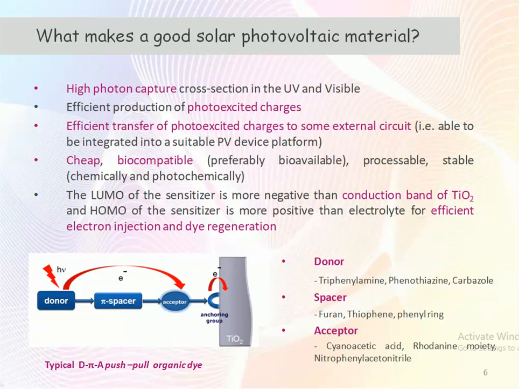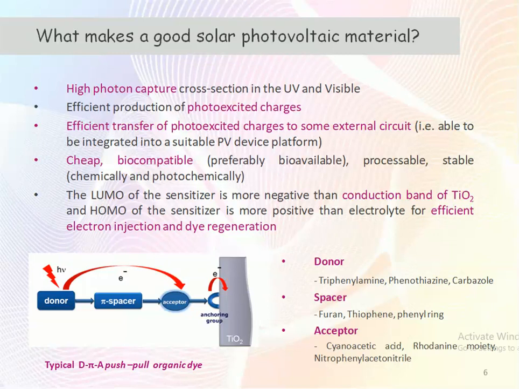Then efficient transfer of photo-excited charges to an external circuit, that is the injected electrons move towards the conduction band of titanium dioxide, the semiconductor material. And the material should be cheap, biocompatible, preferably bioavailable, processable, and stable both chemically and photochemically.